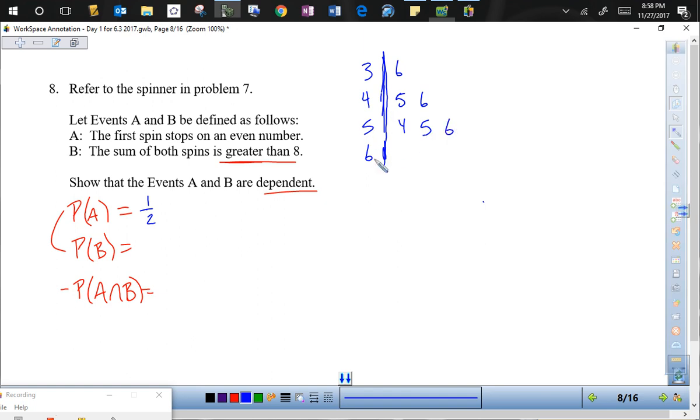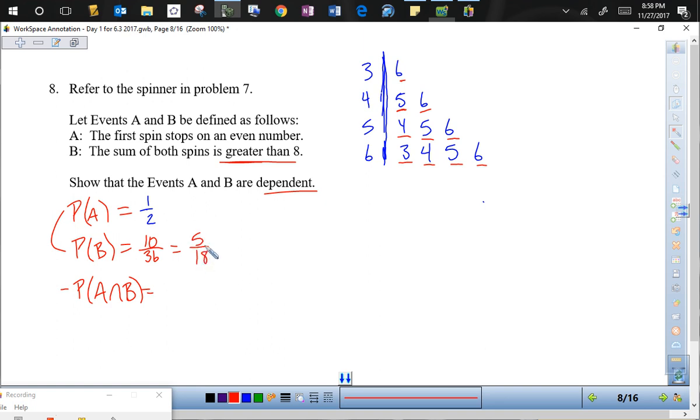And lastly, we've got 6 and 3, 6 and 4, 6 and 5, 6 and 6. All of those are greater than 8. So I've got 1, 2, 3, 4, 5, 6, 7, 8, 9, 10 total successes out of 36, which reduces to 5 over 18.